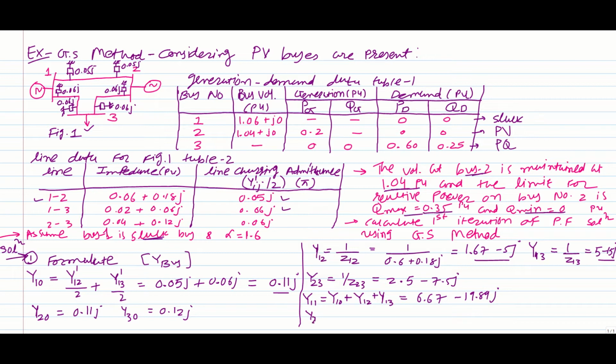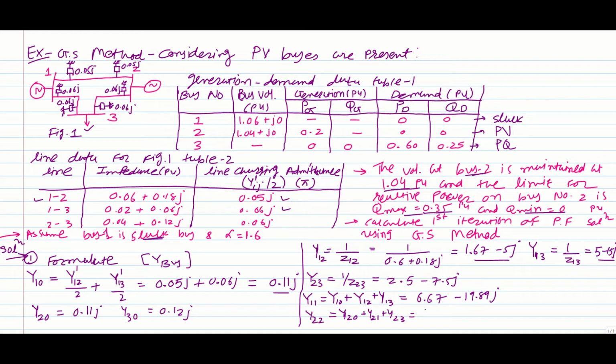Similarly, we will calculate the second diagonal element Y22, which is Y20 plus Y21 plus Y23. Again, we will have all the parameters.